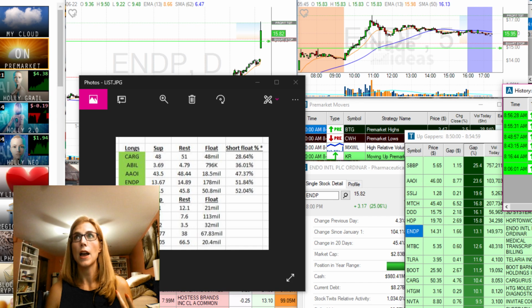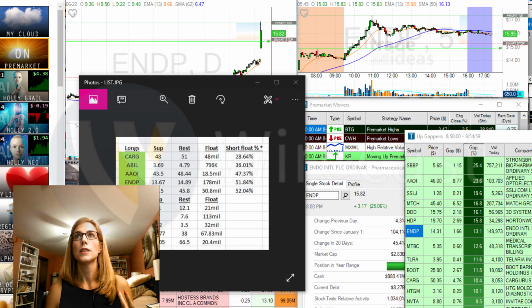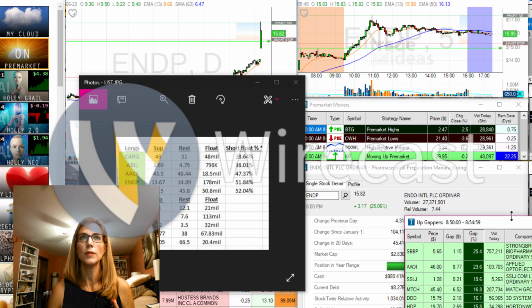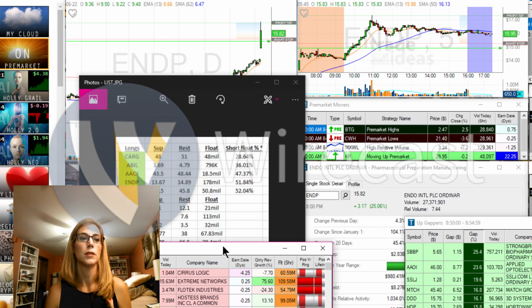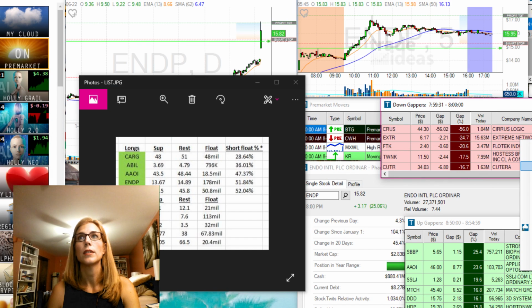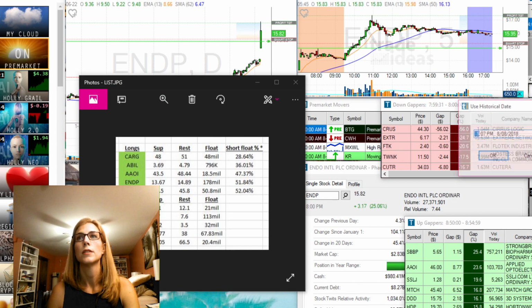And on the flip side, we also have the gap down movers. I have the same thing pre-market. We'll pull this up so we can show you the pre-market gappers that were gapping down.